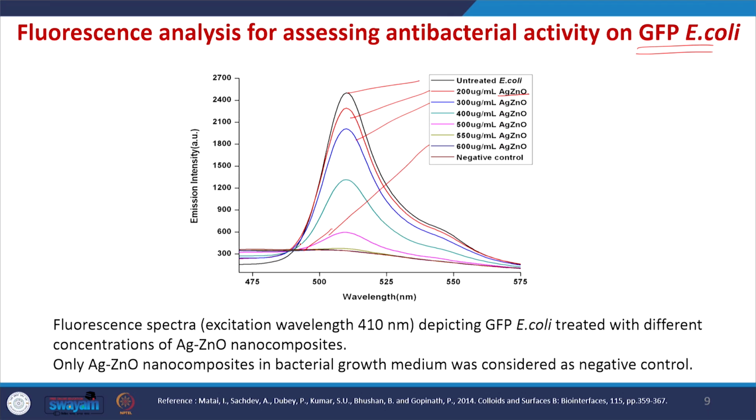And here we used only nanocomposites in the bacterial growth medium as a negative control without any bacteria. So, that is a negative control, and with respect to the concentration you can see that the fluorescence is going down. By using this fluorescent analysis also we can assess the antibacterial activity of nanomaterials.